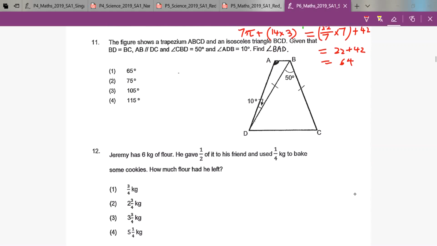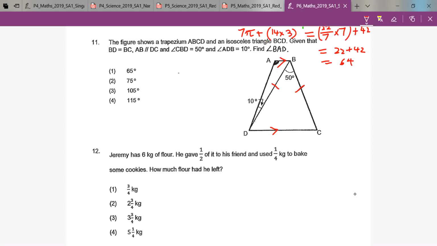The figure below shows a trapezium ABCD and an isosceles triangle BCD. Given that BD equals BC, they have already marked it here for you, and AB is parallel to DC. Angle CBD is 50 degrees and angle ABD is 10 degrees.